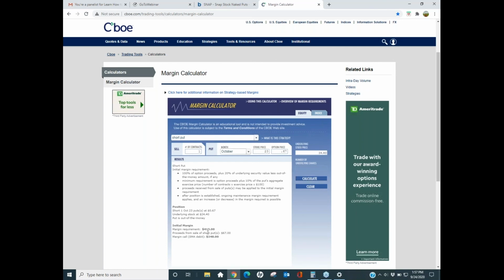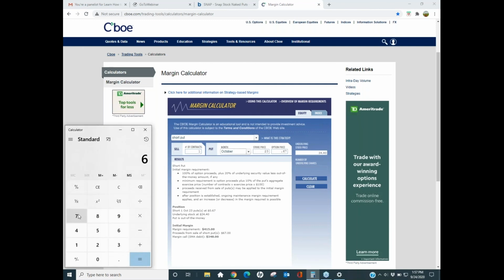Our margin requirement on this one would be $415, right? We're going to take in $67. Get out our calculator. $67 divided by 415 times by our 100.